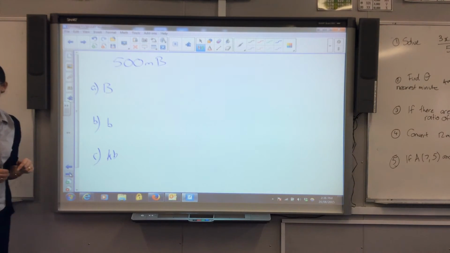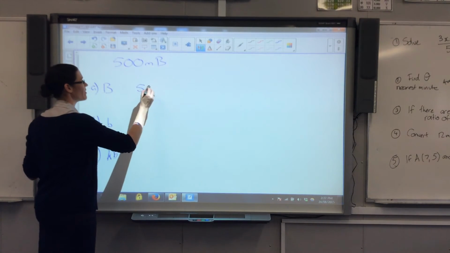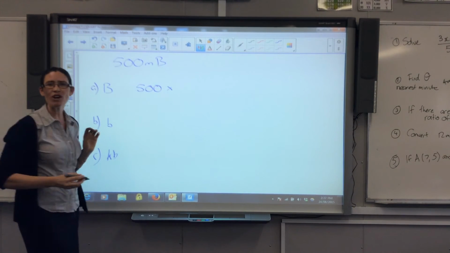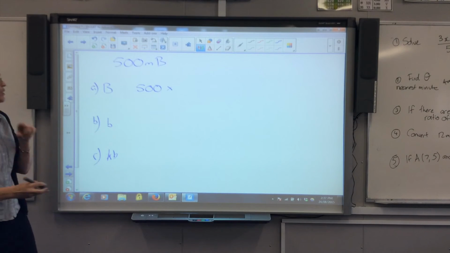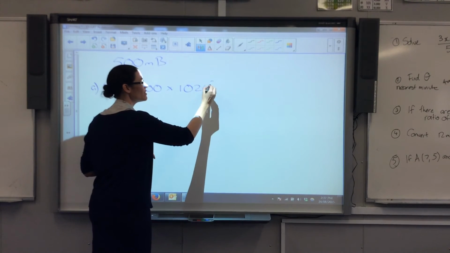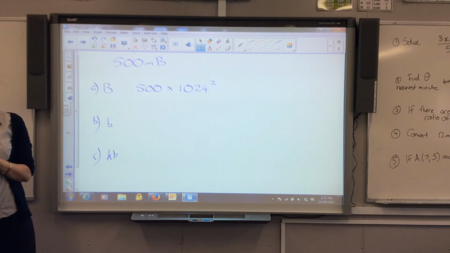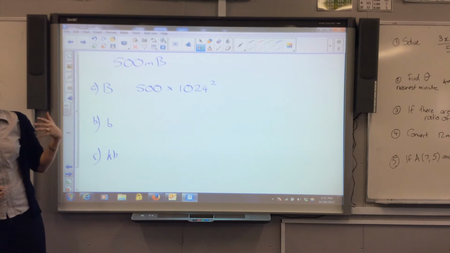So would it be times by 1 million and 48? It's a lot easier to say times by 1024 times 1024. Is it the same as timesing by 2? No, timesing by 2 would be timesing by 2048, which we don't want. That's very different.